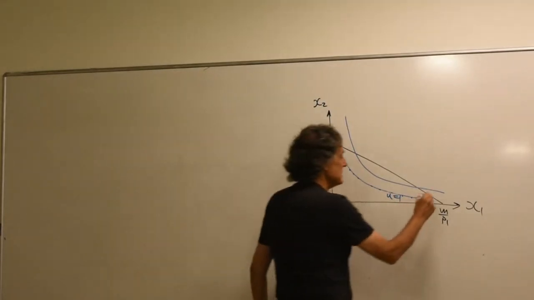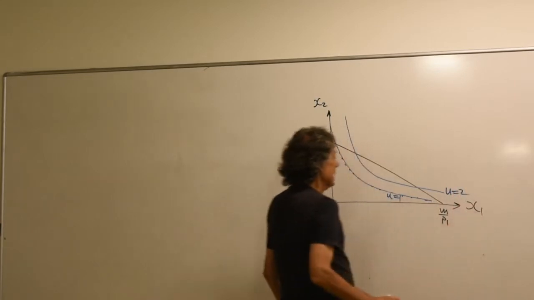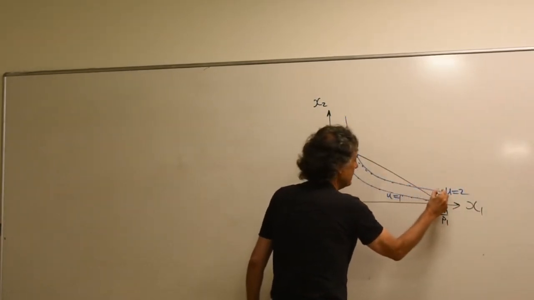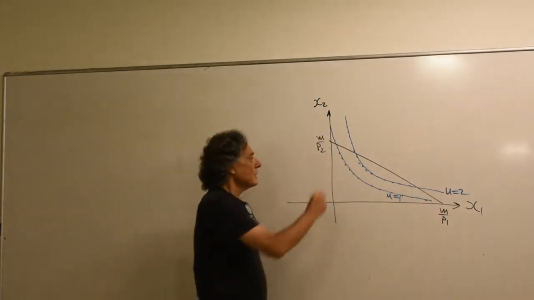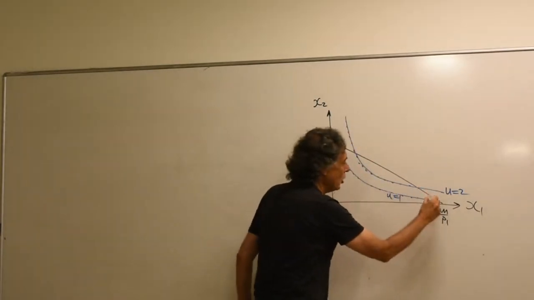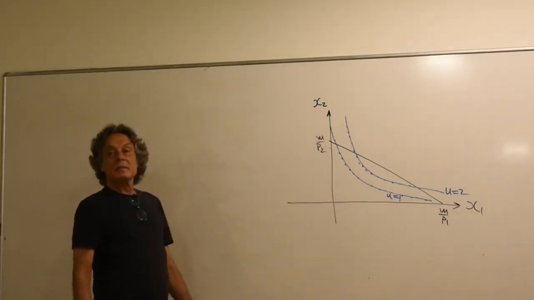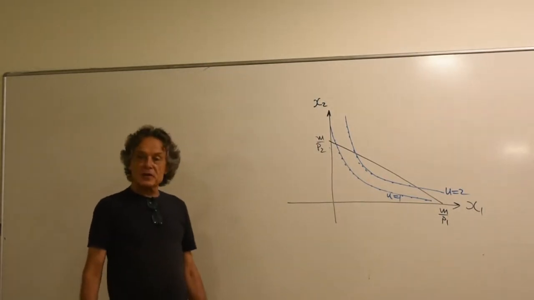Let's say that this is U equals 2. So again, this is an indifference curve. He is completely indifferent between all these bundles, and all these bundles yield 2 units of satisfaction.